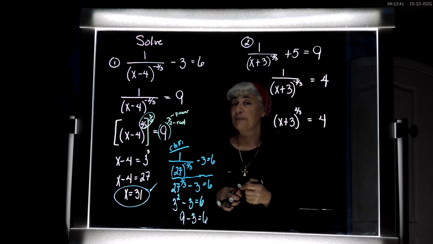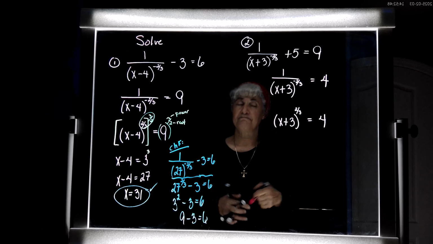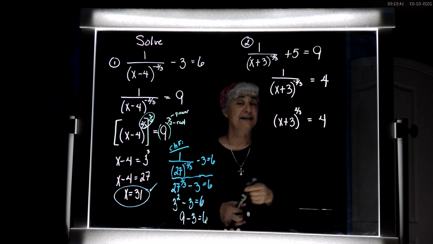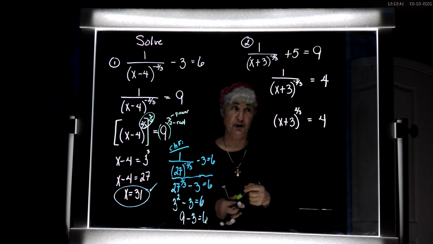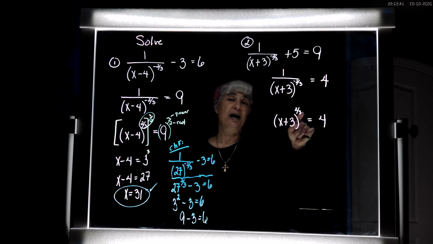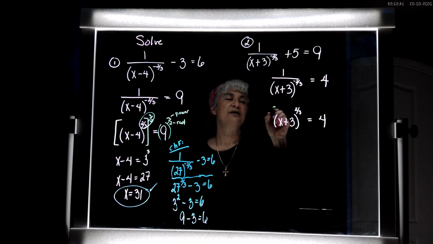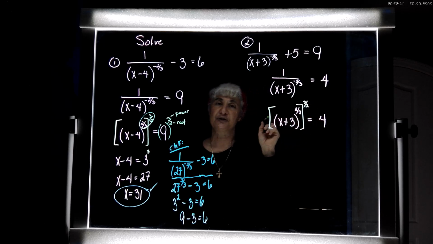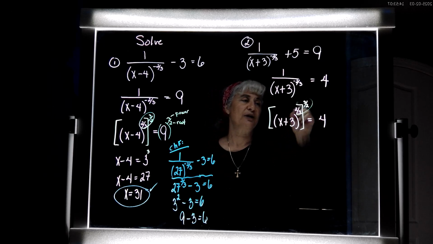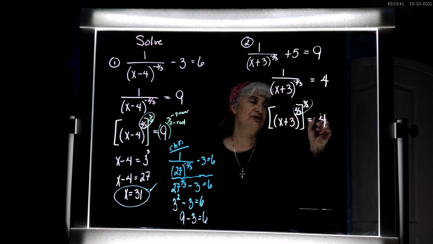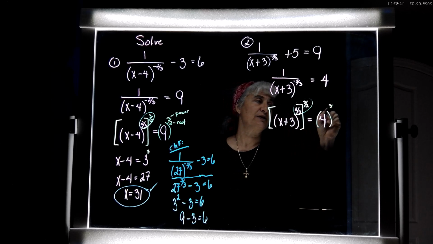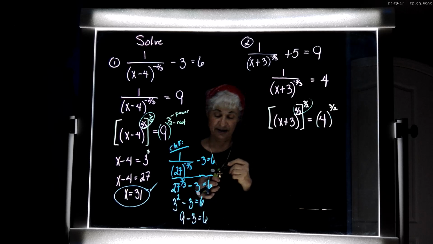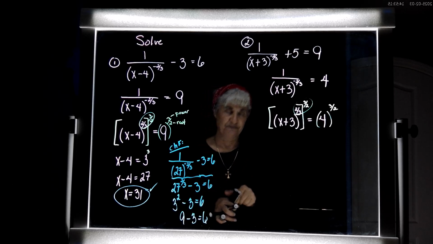So I popped it to the top, so to speak, right? Okay. I got to get x by itself, so I got to get rid of the power, the rational exponent of 2/3. So I am going to raise this side to the reciprocal of 2/3, which is 3/2. Because when I multiply these, they will cancel each other out.